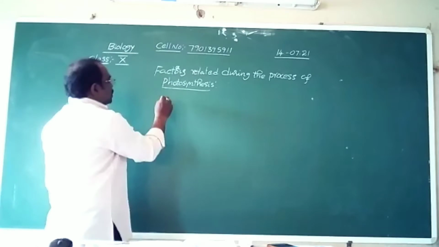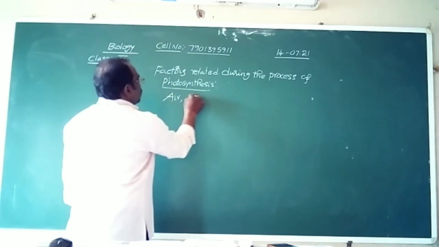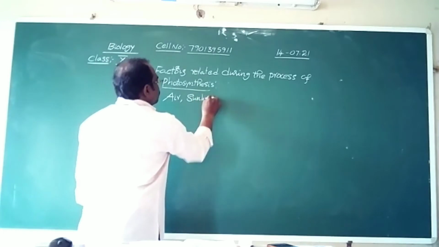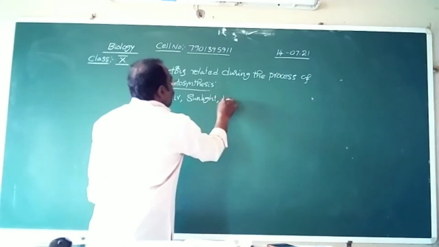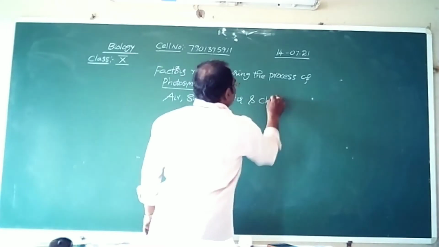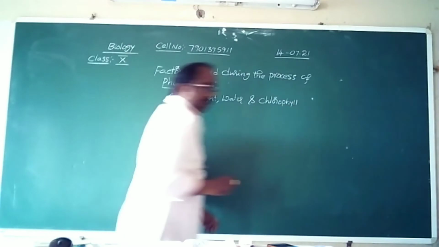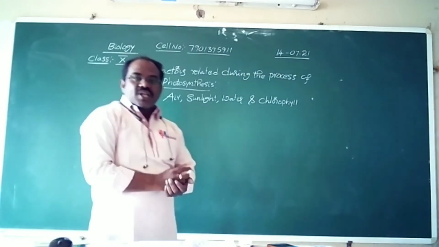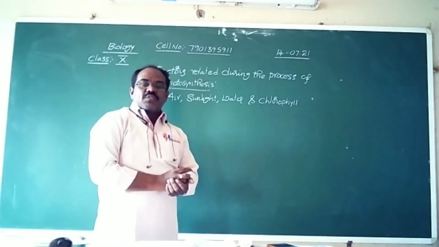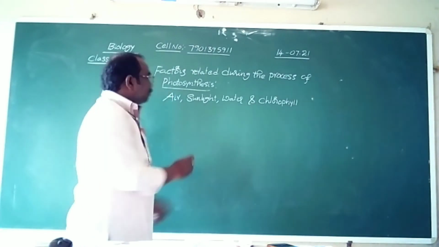External factors and internal factors: air, sunlight, water, and chlorophyll. These are the essential factors of the photosynthesis process.